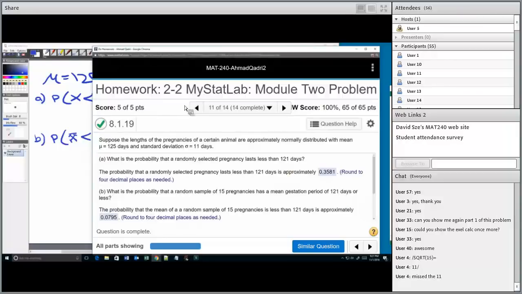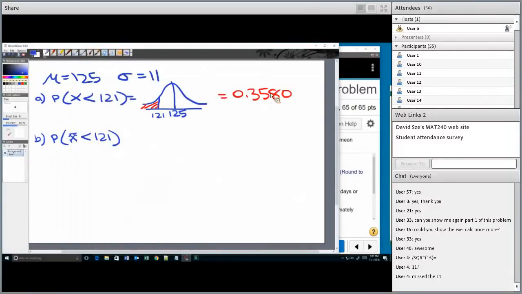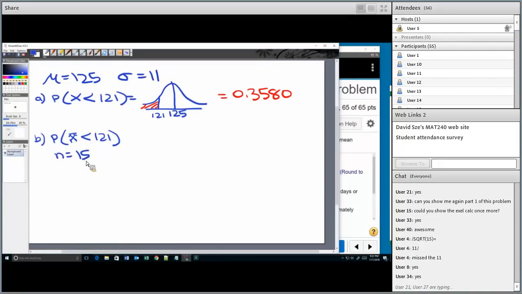Okay, so do you all agree that the problem says n is 15? Do you all agree with that? And if you don't, please mention so I can explain it again. Okay, so n is 15. We all agree on that.